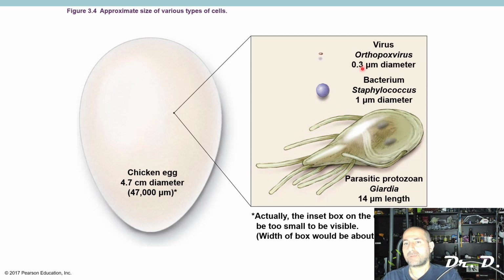0.3 micron range. By the way, the microscopes we use in lab, the best they're going to resolve is about 1 micron. You are not going to see structures that are 0.3 microns with a light microscope.